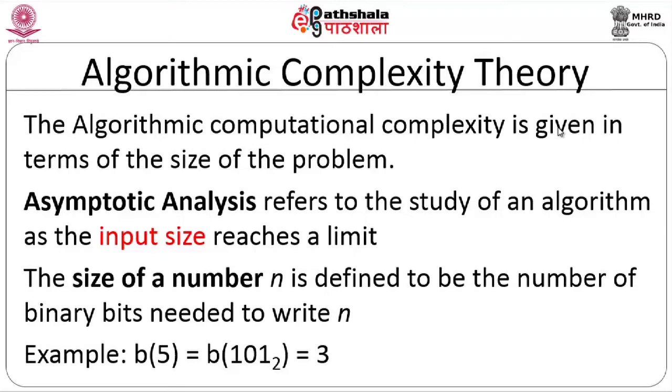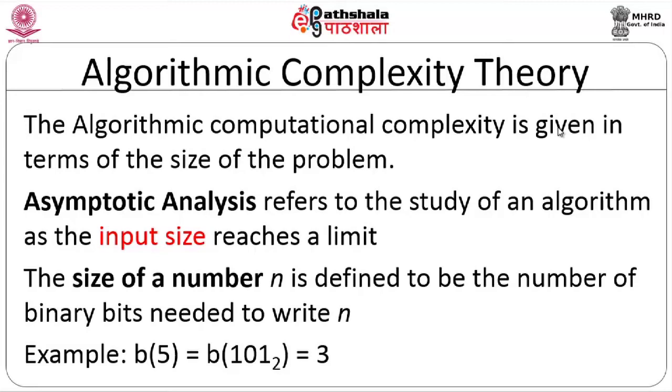For example, if you are trying to search for an element in an array, the length of the array is going to be the input size. If you are trying to multiply two matrices, the order of the matrix is going to be the input size of the algorithm. So, the complexity T(n) can be expressed in terms of the input size.